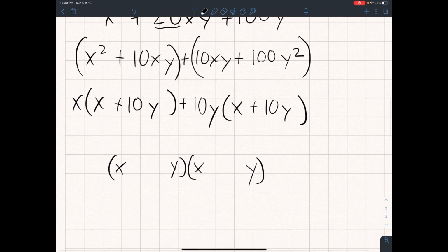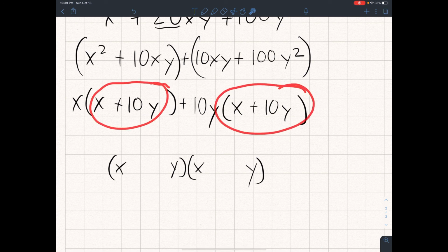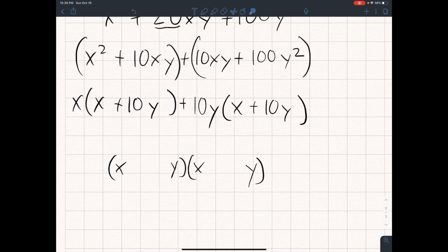And fantastic, I now have two common factors, my greatest common factors between this addition: x times the quantity x plus 10y, plus this whole separate entity. The greatest common factor is x plus 10y.